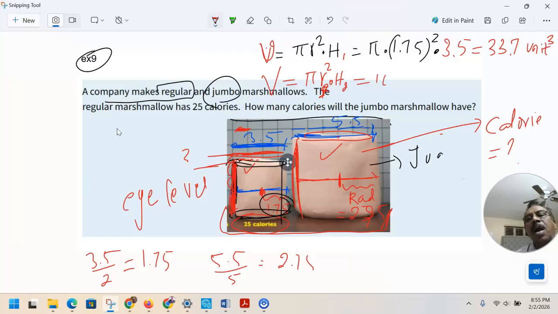So this is going to be pi multiplied by the radius, which is 2.75, so 2.75 the whole square, times how high is this?